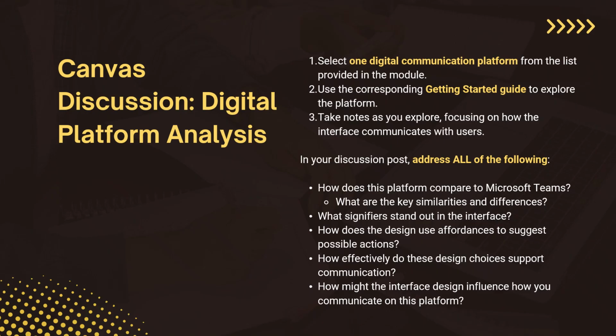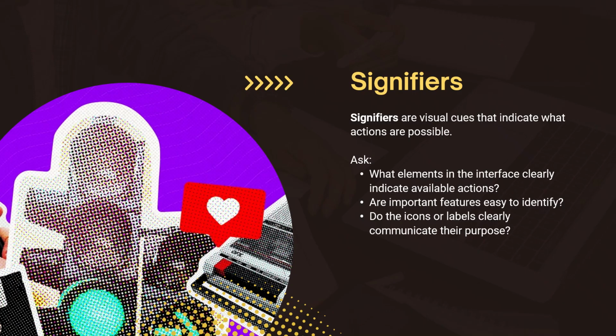Once you've explored the platform, you're going to write a discussion post analyzing what you discovered. Your post must compare the platform you selected with Microsoft Teams, which is one of the most widely used communication platforms in professional environments. When analyzing the platform, you should focus on several key design concepts, the ones that we've discussed in this course. First, consider signifiers.